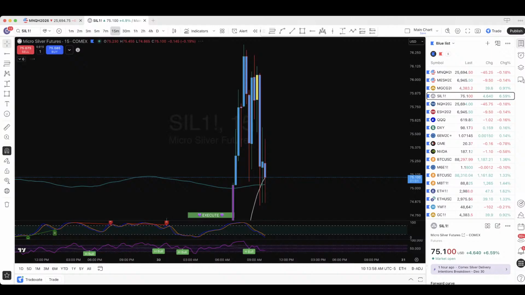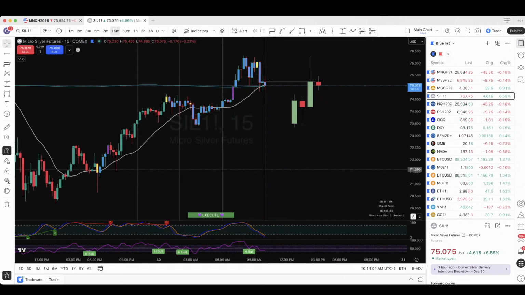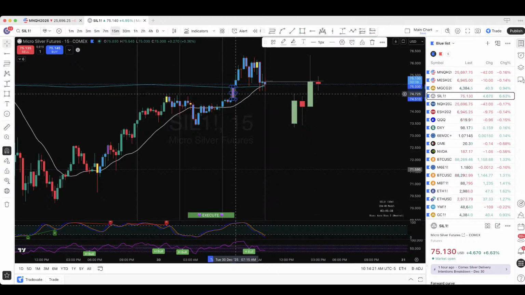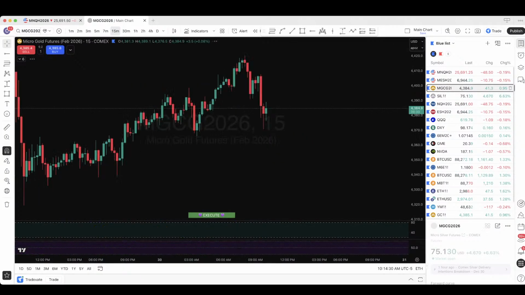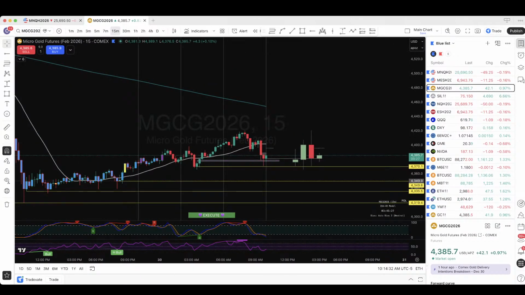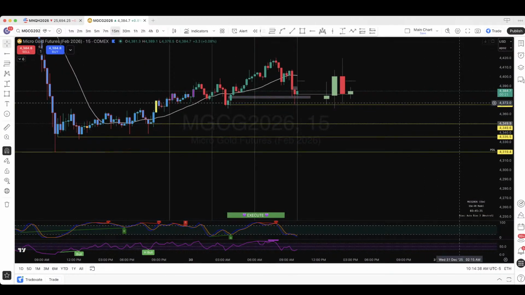And Crypt says the 15-minute looks really good for a short on silver. Yeah, it made an order block here. Got this fair value gap here that it's having a hard time with. We're getting this nice consolidation candle. One more minute till this 15-minute closes.